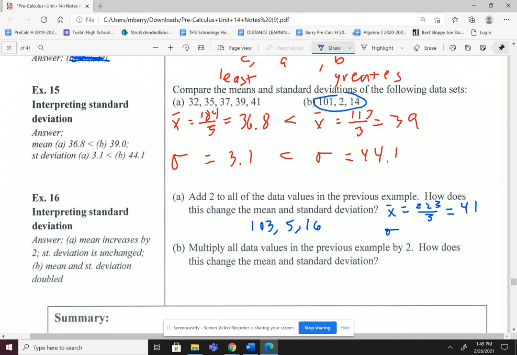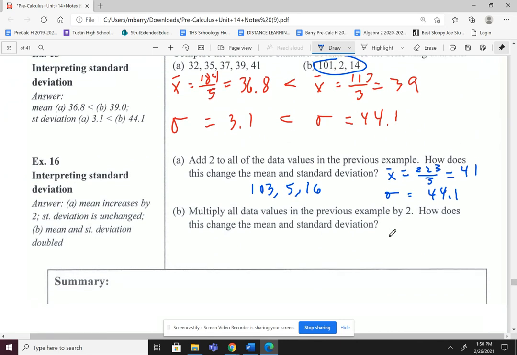The standard deviation is actually 44.1. So the mean has increased by 2, but the standard deviation hasn't changed. That makes sense because the numbers are not any more spread out than they were before. Since I added 2 to all of them, they're just as spread out as they were before, but they're just bigger.